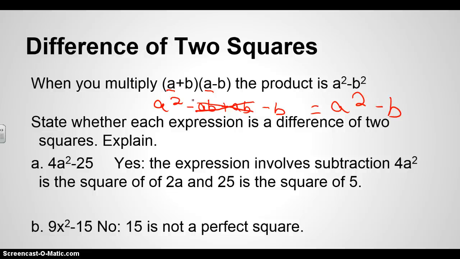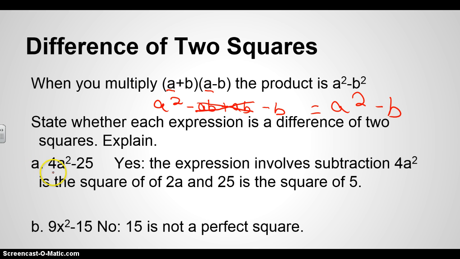Below there are some examples, and I want you to state whether each expression is a difference of two squares and then explain. Well, let's look at the first example here. We have 4a squared minus 25, and is this expression a difference of two squares?